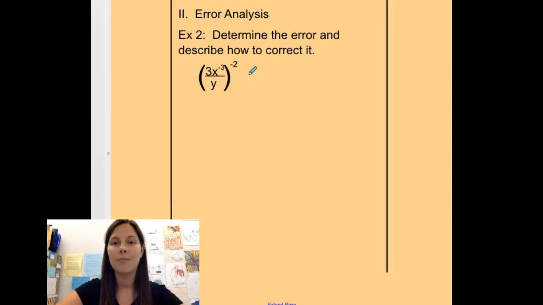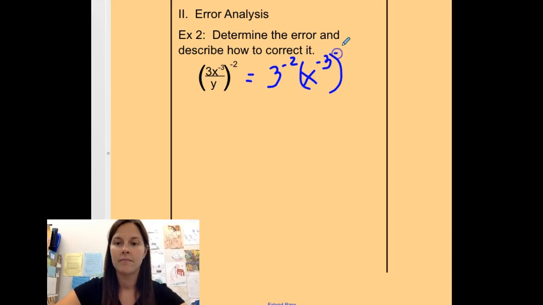On this example, I am going to make a mistake. It's a common mistake that I see a lot of students make. I want you to catch my mistake and correct it. First of all, I'm going to start by distributing that negative 2 to each piece inside the parentheses. Three to the negative 2 power is negative 9.